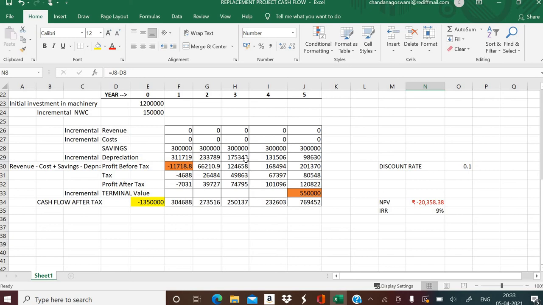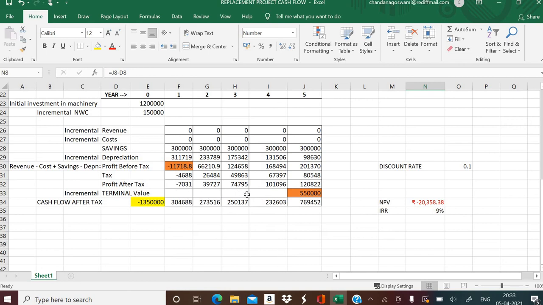Okay. Next, we have to calculate profit before tax. So incremental revenue minus incremental cost plus the savings, and minus the depreciation. That will give you the profit before tax. Tax rate was given to us. We will calculate the tax and deduct it here, and we are left with profit after tax.